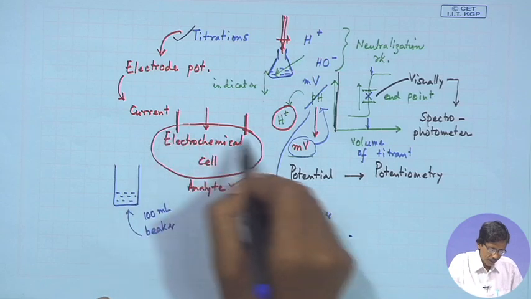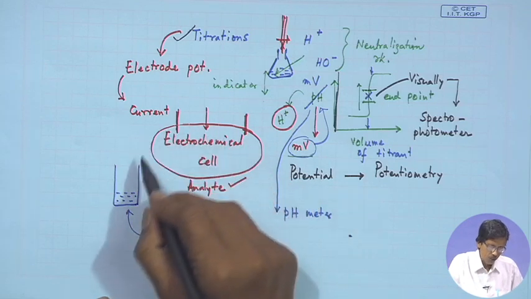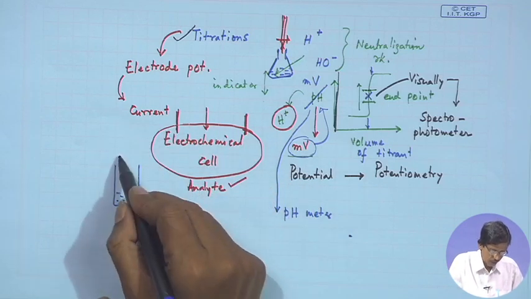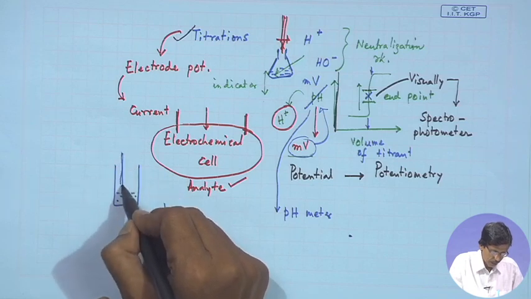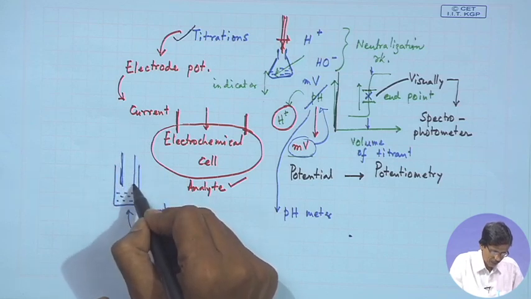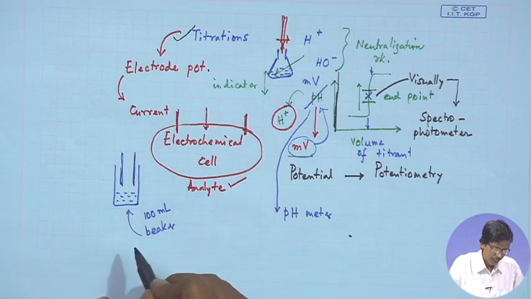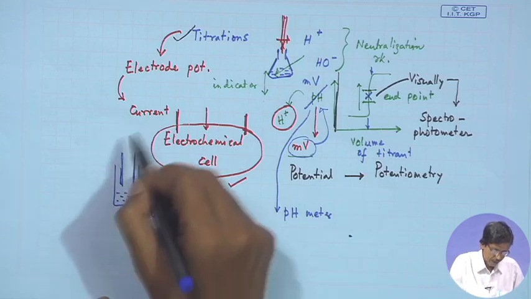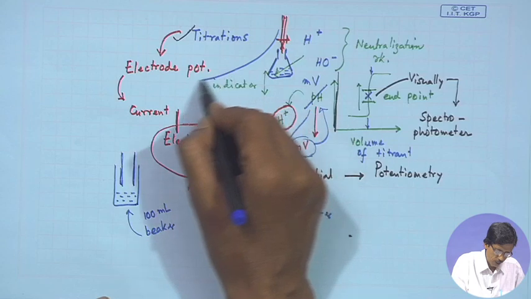So, this is your electrochemical cell. You have to insert the electrodes, the cathode as well as the anode, and add the analyte. The burette will come over here.